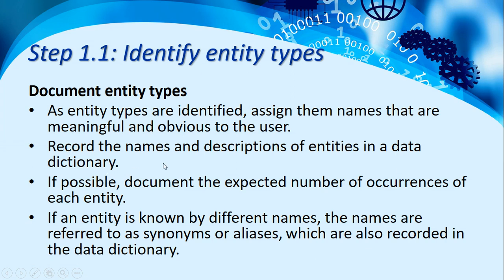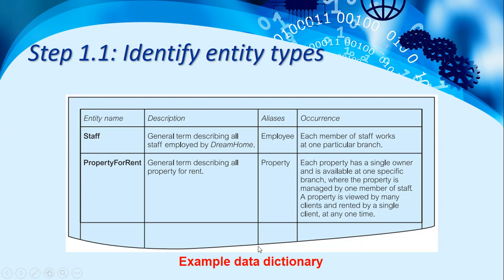So here is an example of a data dictionary. As mentioned, the entity names, the description, the alias, the occurrences, all of those that I mentioned, you put into a table format, and you have a data dictionary for your list of entities. When you say occurrence, we have an example with staff. Its alias is employee.